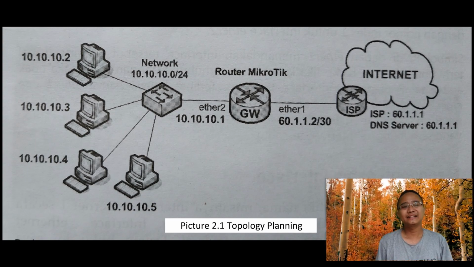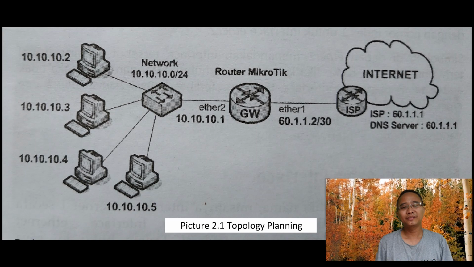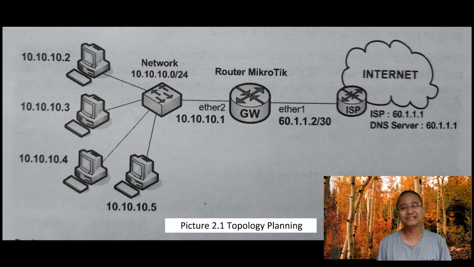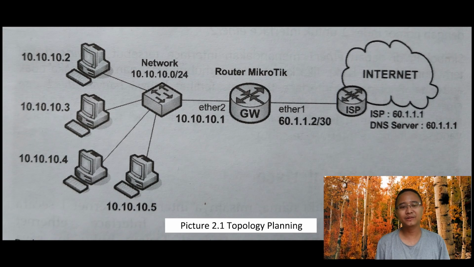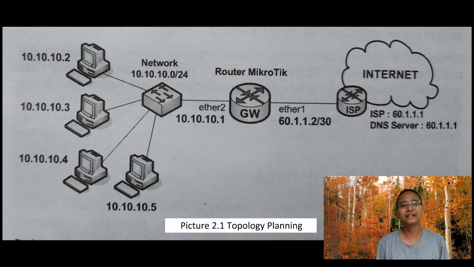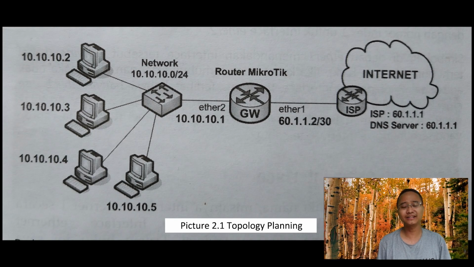The IP address at Ether2 we configure with IP 10.10.10.1/24. This topology later we will trace, so have hotspot using interface VLAN1.